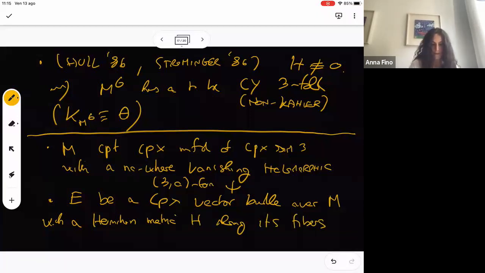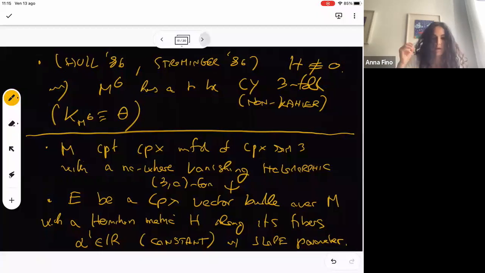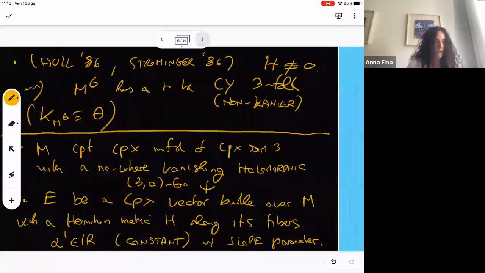And let's denote alpha prime a real number, just a constant. This is also called the slope parameter. From the physics point of view, alpha prime has to be positive, but in the mathematical literature, there are also results when alpha prime is negative, by Fong and co-authors.